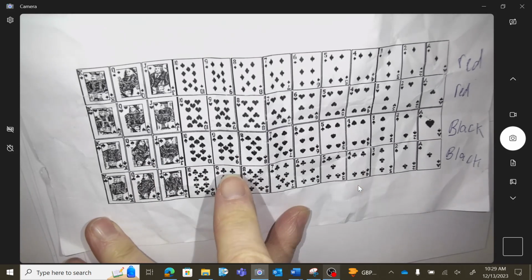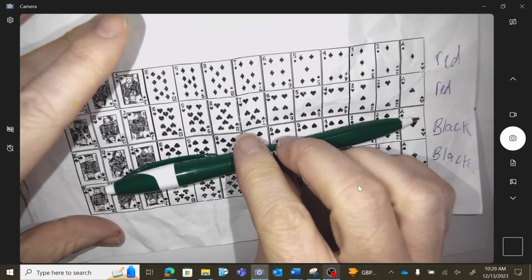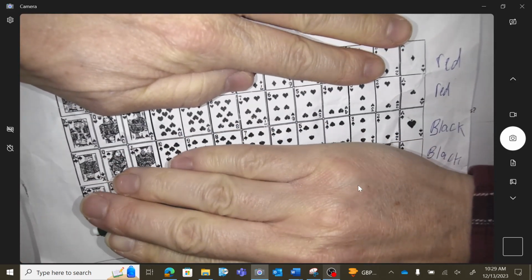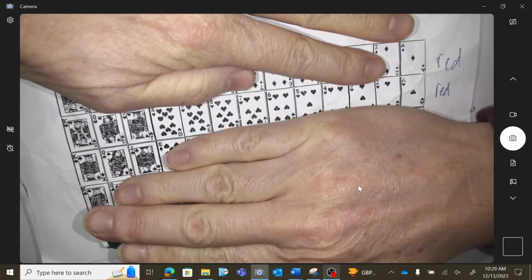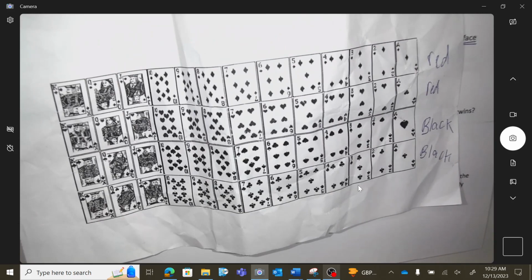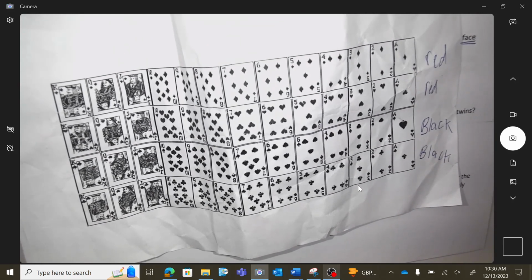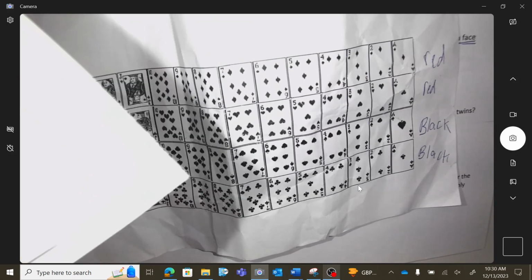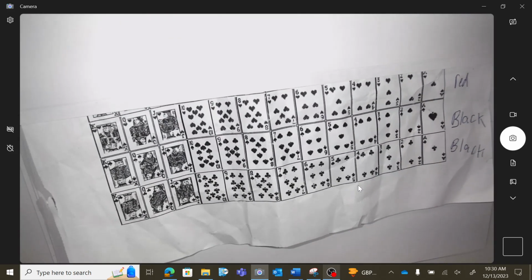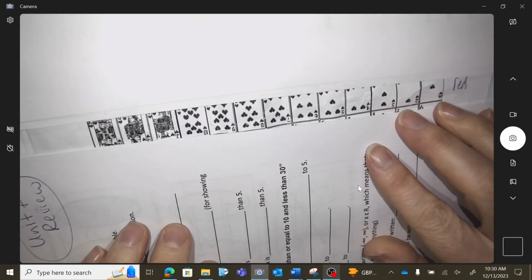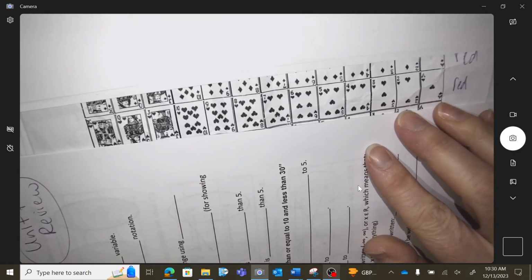Okay, so she's only got the hearts, so don't look at the others. So only looking at these hearts. Let me cover this. Okay, there you go.